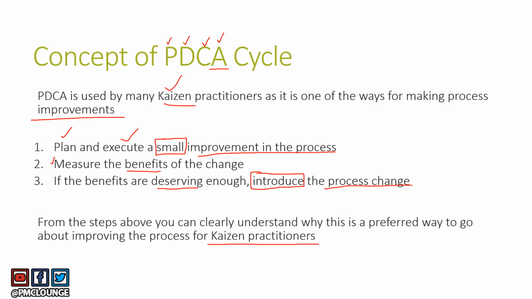And this is exactly what you're doing in these three steps, right? If you found that the benefits of the small change you introduced were deserving enough, you introduced a process change, and then you went over again to the P part of the PDCA cycle, and that is to plan another change. That is how the PDCA cycle is used in real life scenarios.